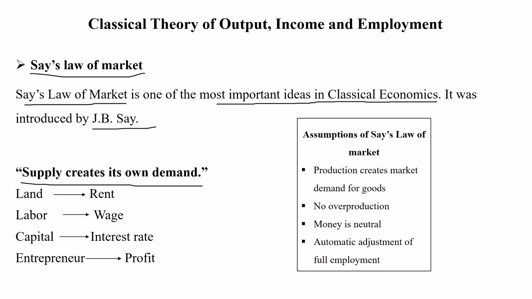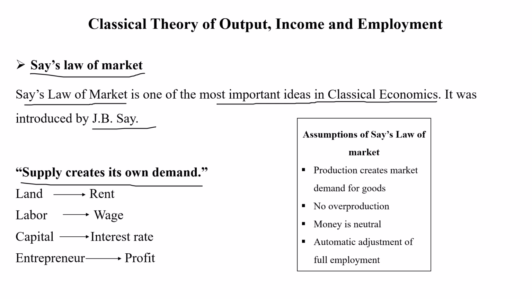How does supply create its own demand? How does the production process contribute to creating employment, mainly full employment, in the economy? J.B. Say's law of market has been formulated based on some assumptions.